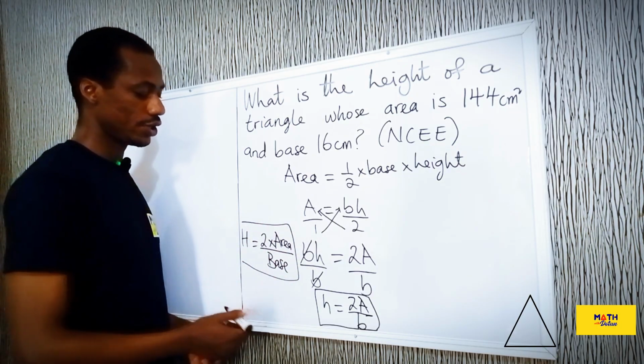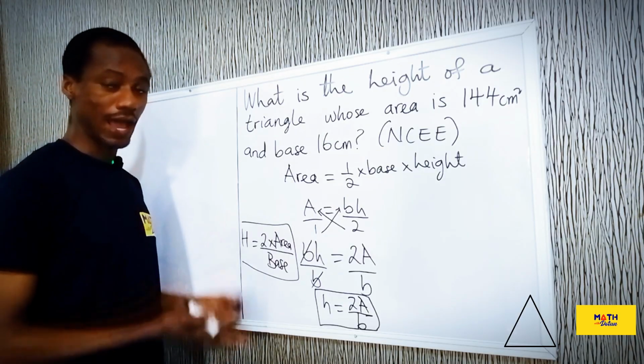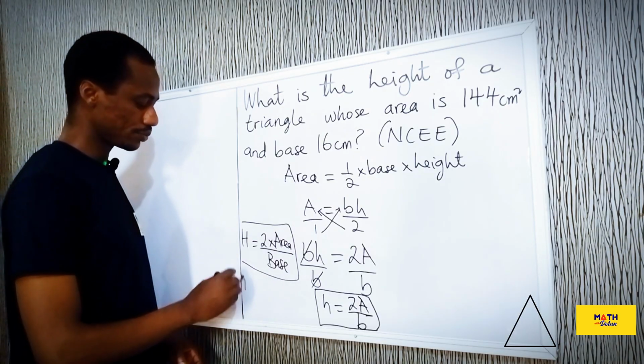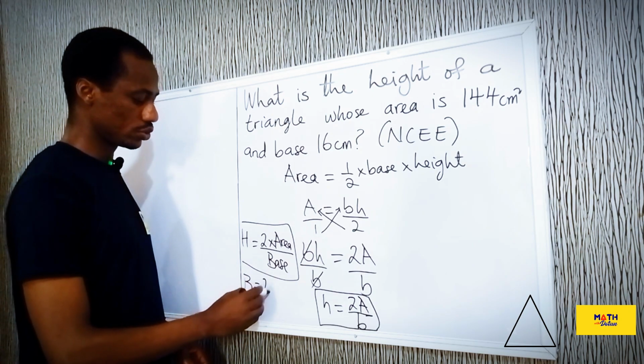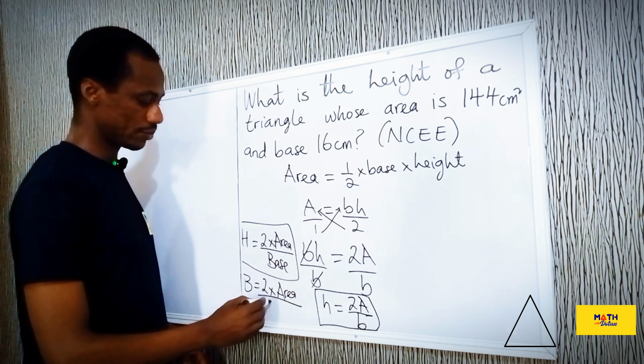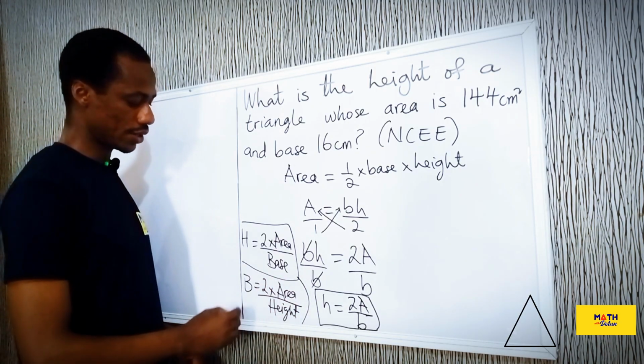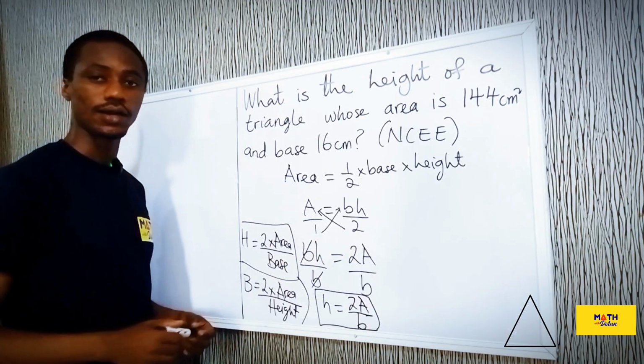And the same thing, if you have to find the base and you have the area and the height, that will be 2 times the area divided by the height. Have you seen that? 2 times the area divided by the height.